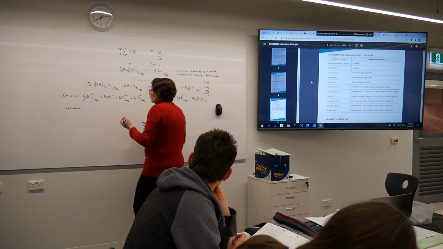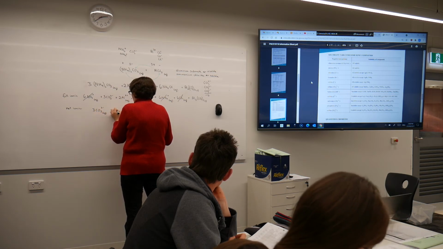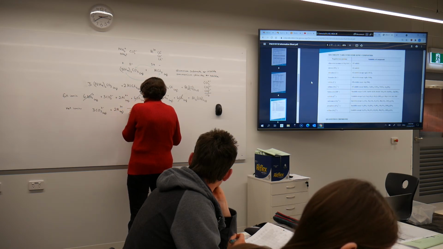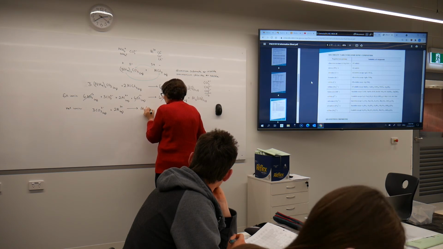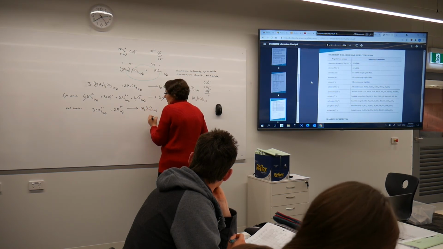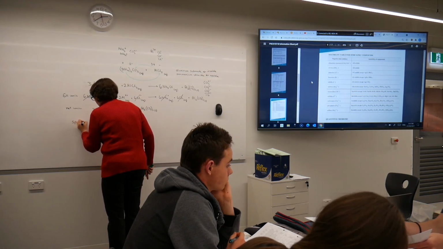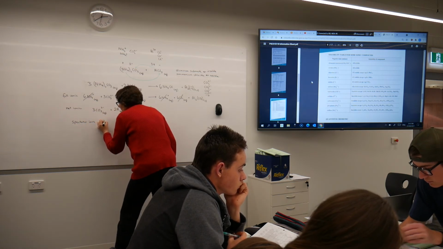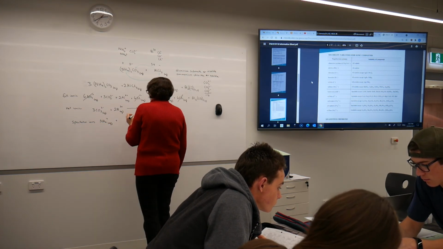This leaves me with 3 carbonate, 2 aluminium ions, producing Al2(CO3)3 solid. And I can also say that my spectator ions are the ammonium ion and chloride ion.